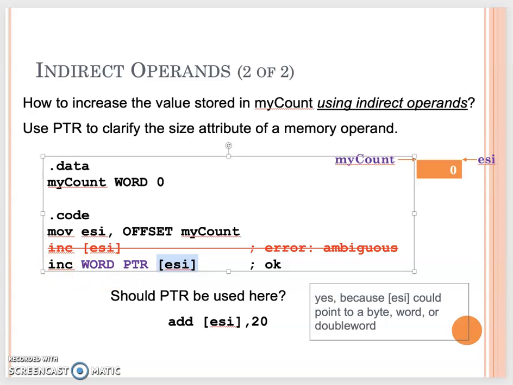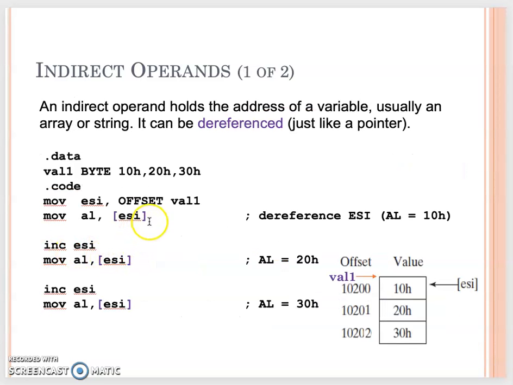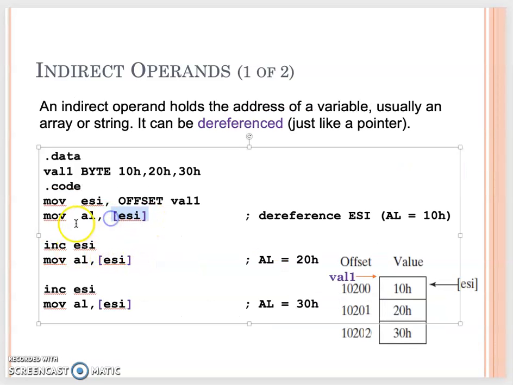Okay. Before this one, there was no issue. That's because when you do the move, I move the ESI value to AL. It goes according to AL being 1 byte, so from ESI it reads 1 byte. On the other hand, when you're using the indirect operand, it needs some other operand to give the information about how many bytes we want to read.